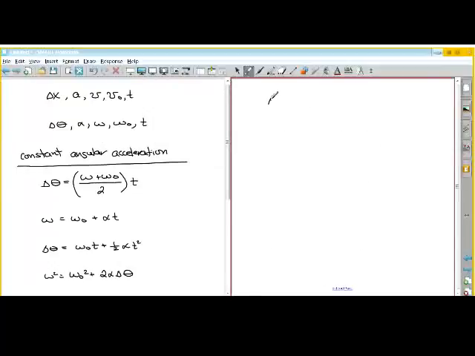And remember that delta theta is in radians. So if you were asked to calculate or given information instead of radians, you might be given in revolutions. We have the conversion that there are 2 pi radians per 1 revolution.